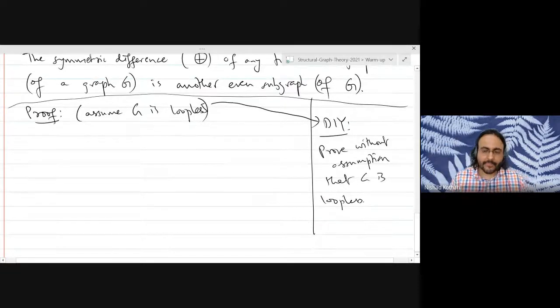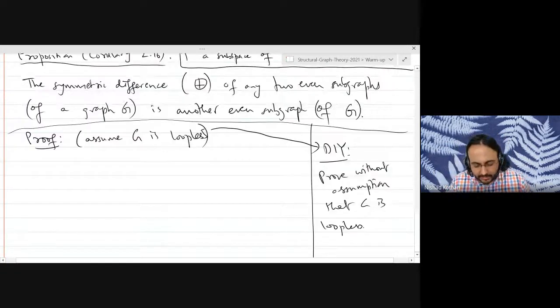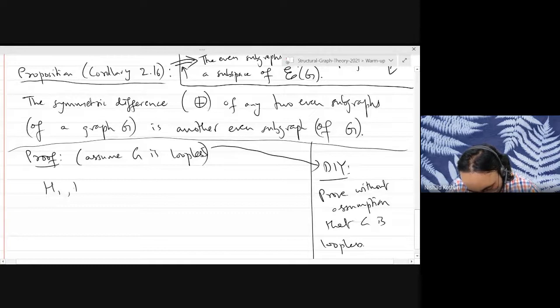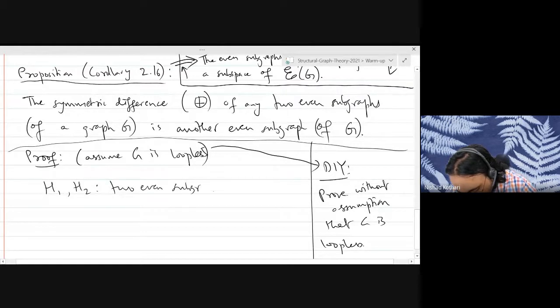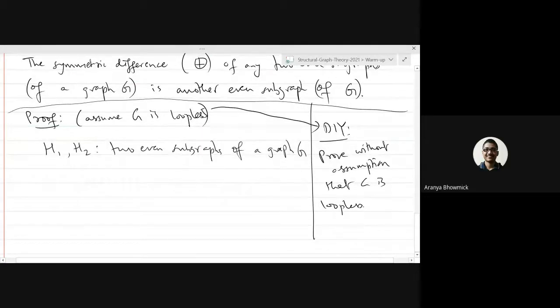Okay? So what does it mean to show that the symmetric difference of two even subgraphs is another even subgraph? So let's say we take two even subgraphs, H1 and H2, of a graph G. What about graphs with loops?